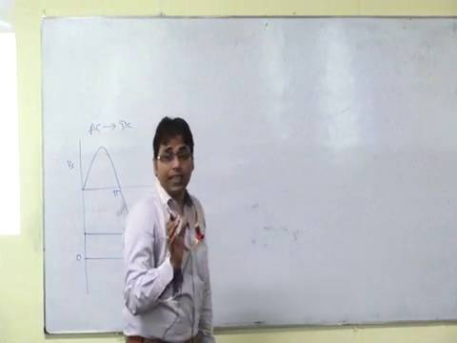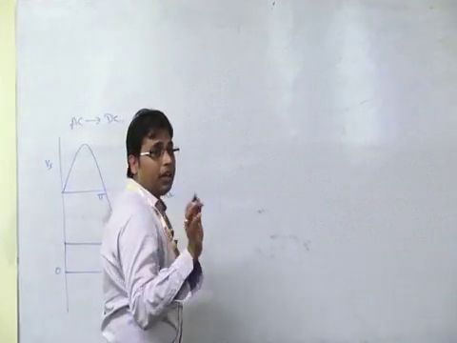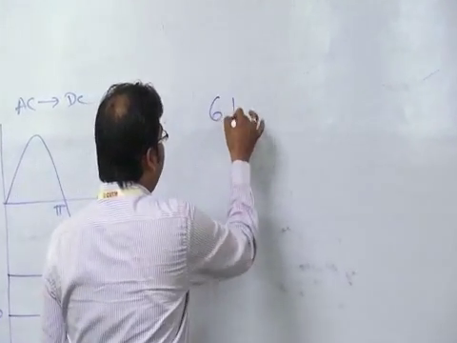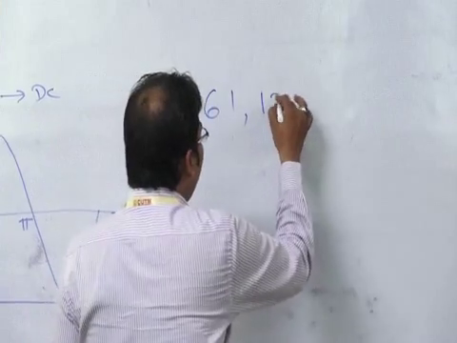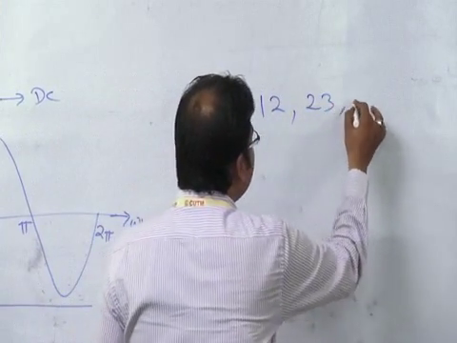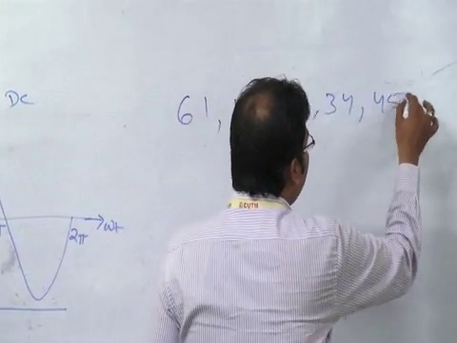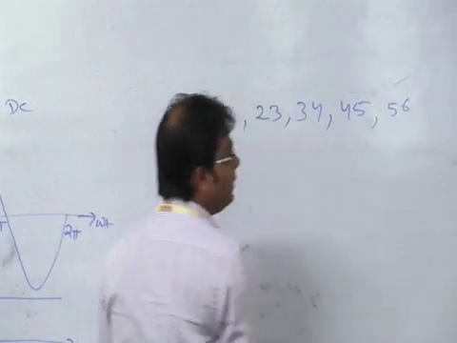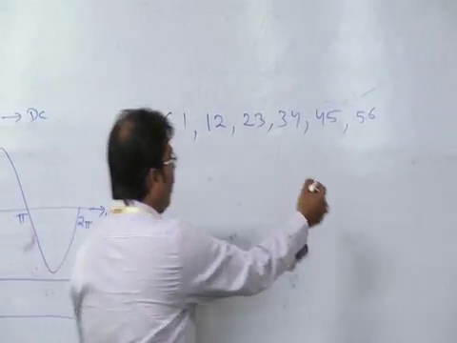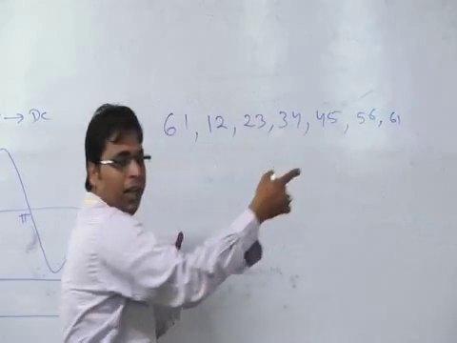So we have just discussed how the conduction sequence came. Now we can write the conduction sequence: 6 1, 1 2, 2 3, 3 4, 4 5 and 5 6. Next will be again 6 1 and it will be repeated.